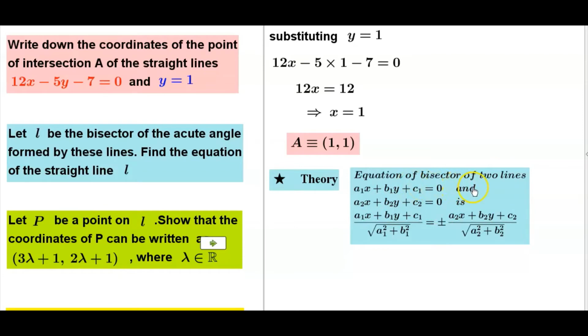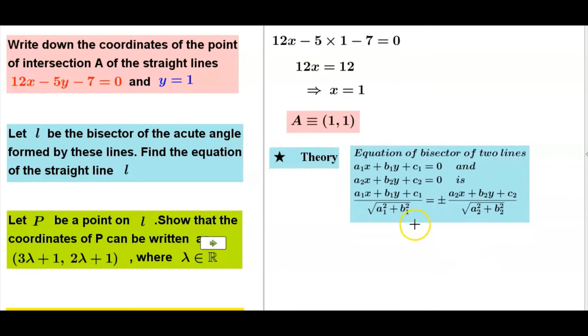The equation of the bisector of the two lines is given by (a1x plus b1y plus c1) over square root of (a1 squared plus b1 squared) equals plus or minus (a2x plus b2y plus c2) over square root of (a2 squared plus b2 squared). Here we get plus or minus, so according to the sign we get two equations. One equation is the acute angle bisector. The other equation is the obtuse angle bisector.